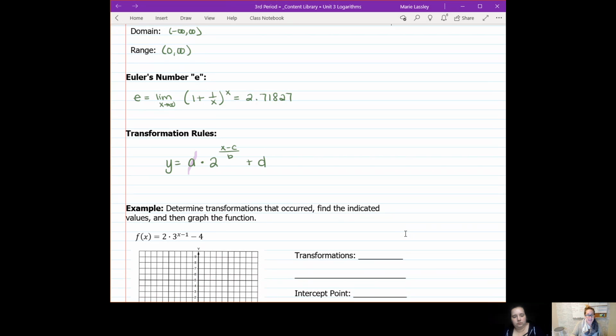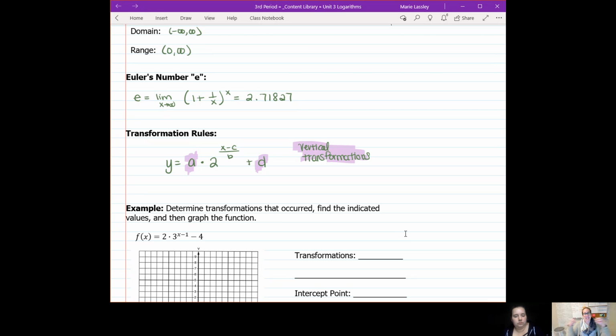So a and d are happening outside of the actual function. So these are, like I said, our vertical transformations. Pink for vertical.